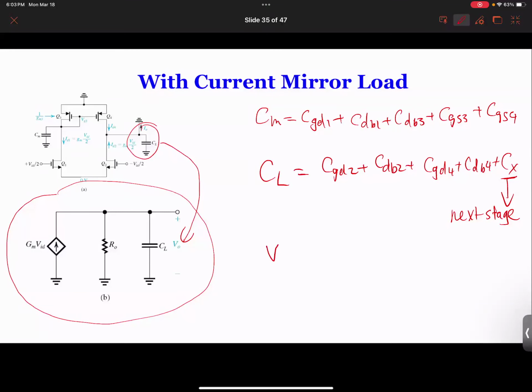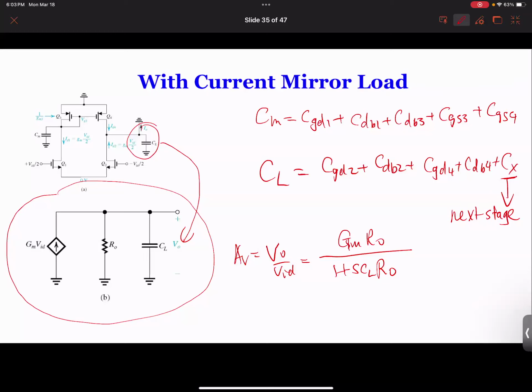So for the gain, we know that the voltage gain is VO over VID. For the midband, this is GM. This is really copied from the previous lecture: we get the gain of the whole circuit, where this RO is the equivalent of the RO and the other things, and then this is CL.